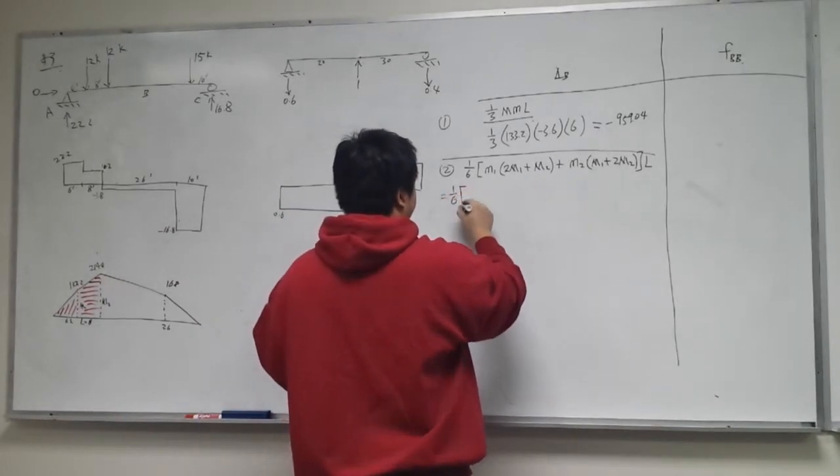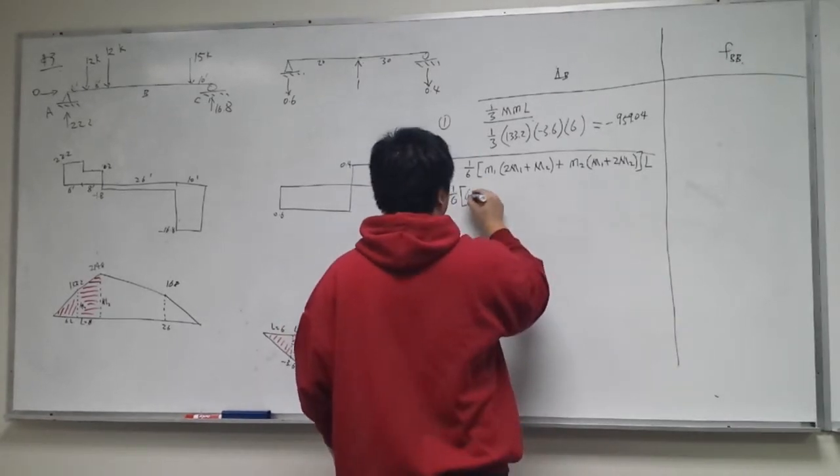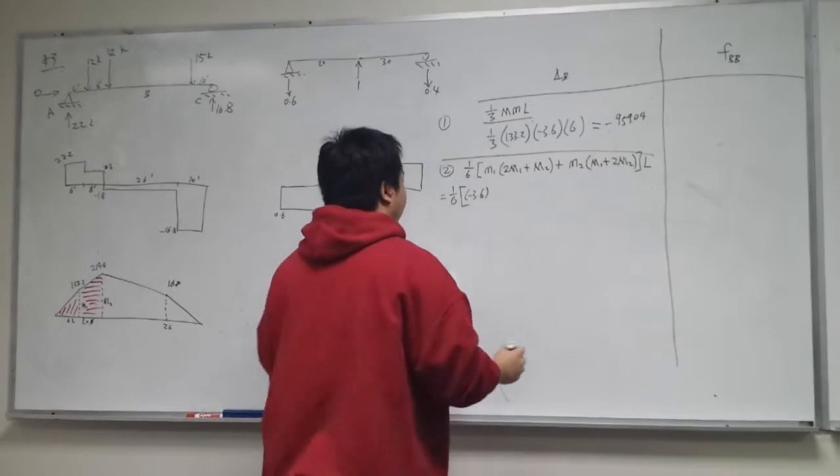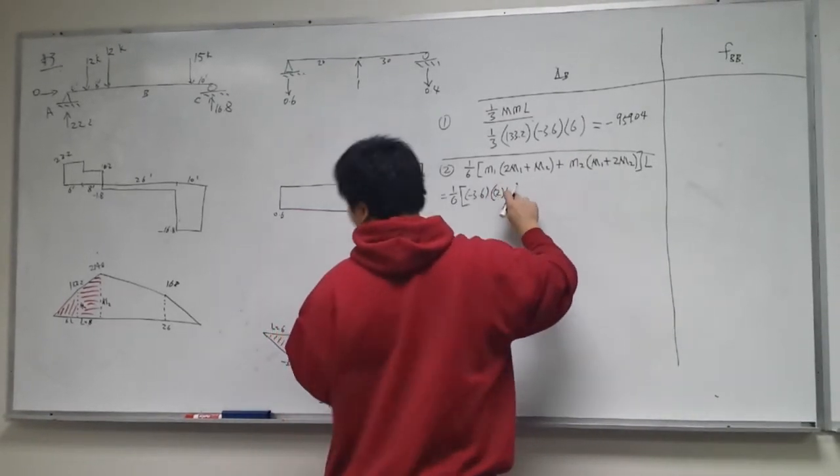1/6, small m1 is negative 3.6 times 2 times big M1.